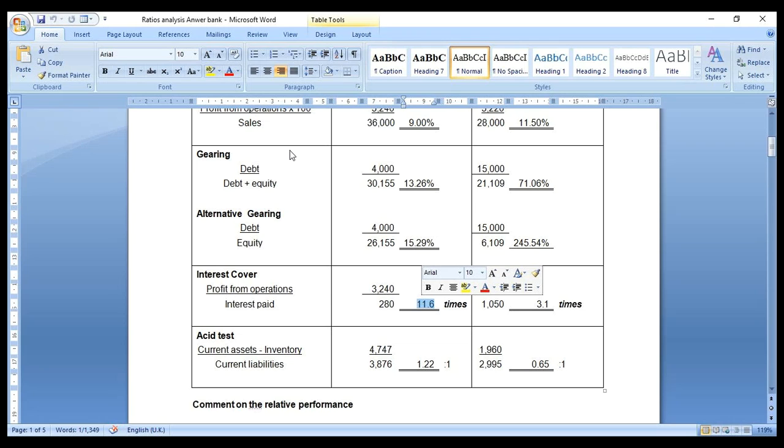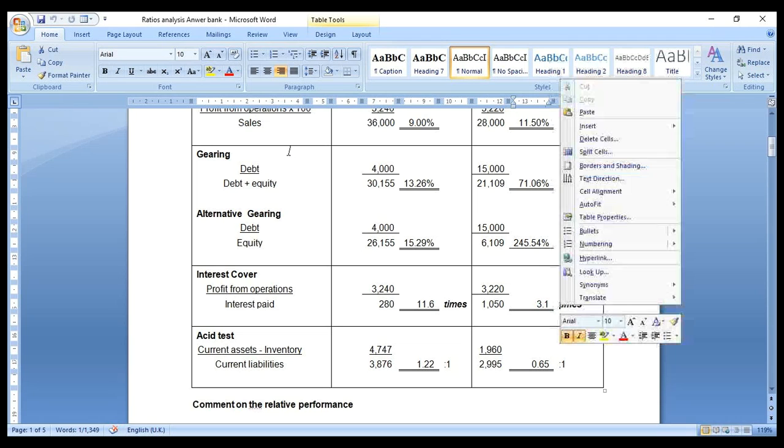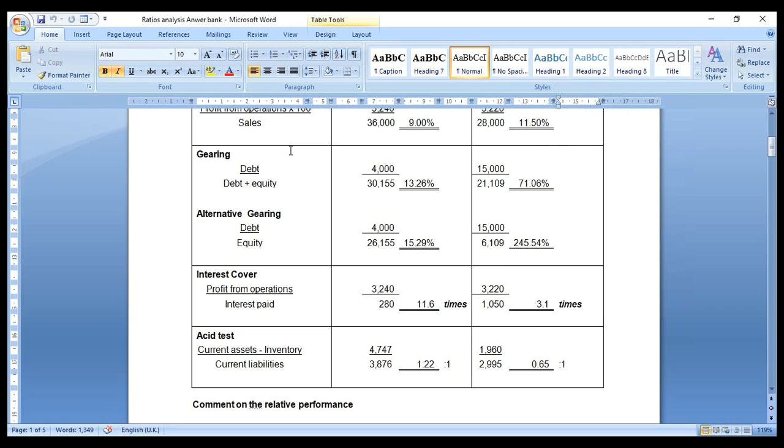If your profit drops, you can still afford to pay the bank interest. Paprika is only 3.1 times, not percent, times. So Paprika is more risky, because its profit is only 3 times the interest.